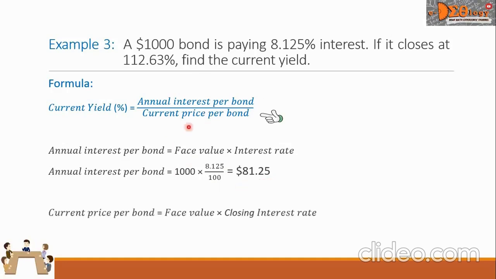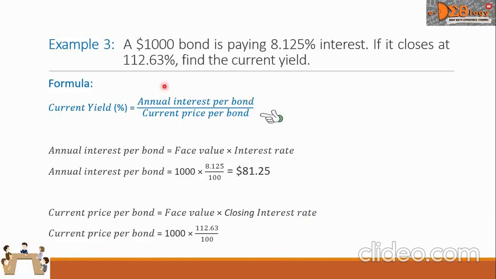Next is the current price per bond, and this is our formula. This is equal to face value times the closing interest rate. So the current price per bond equals 1,000 times the closing interest rate, that is 112.63%.